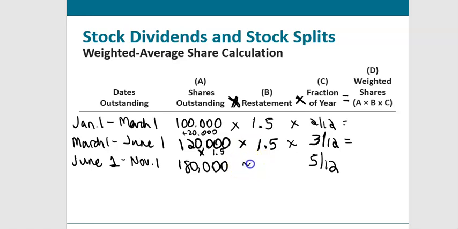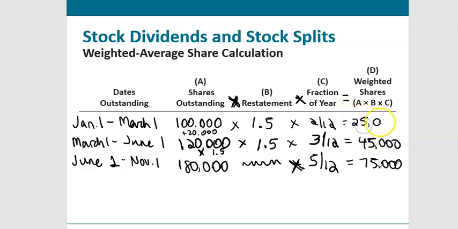So there's nothing to do here other than continue on to then multiply by the fraction of the year. Take the 180,000 times 5/12. We get 75,000. From March 1st through June 1st, we have a total weighted average shares of 45,000, and here we have 25,000.